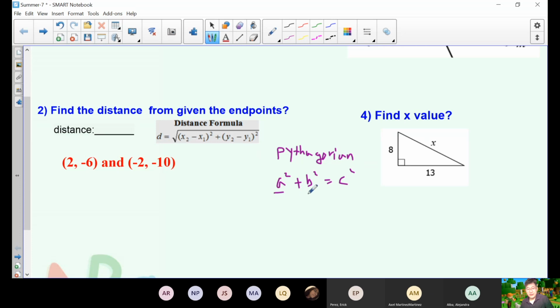Here a and b are legs, like this. This is A, this is B, and this is C. Hypotenuse. C is always the hypotenuse.